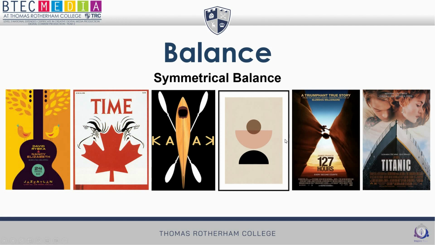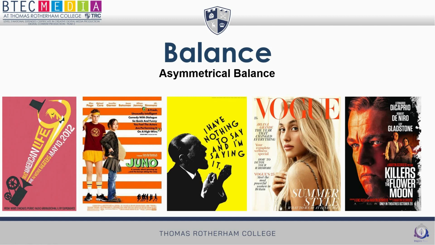Therefore, it's symmetrical. Asymmetrical, on the other hand, involves having different elements on either side of a design, but they don't necessarily need to have equal weighting. Or they can be in a way not obviously balanced, or they can be completely different shapes. So, for example, if you look at this picture here from the posters of Scorsese's new film Killers of the Flower Moon, this is asymmetrically balanced because there is equal weighting on either side of the poster, but the actual shape of the objects is different.